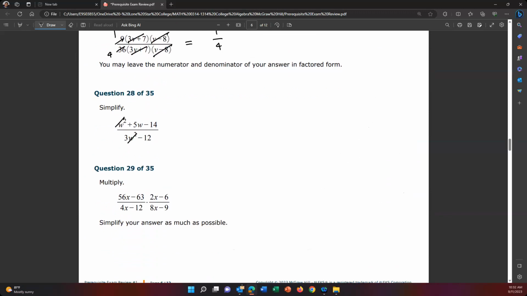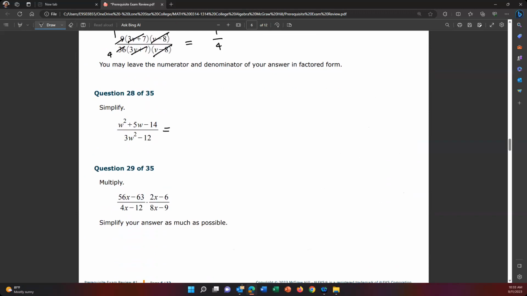That is not allowed on Mars. I don't think that's allowed on Jupiter either. Can't do that. That's not how that works. How this works is we're going to have to factor the numerator, factor the denominator, see what kind of parentheses they have in common, and then we'll take it from there.